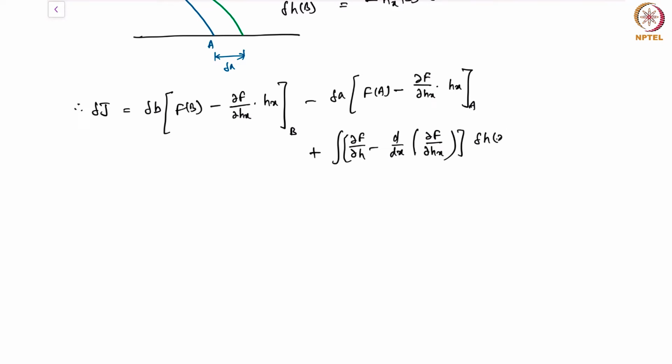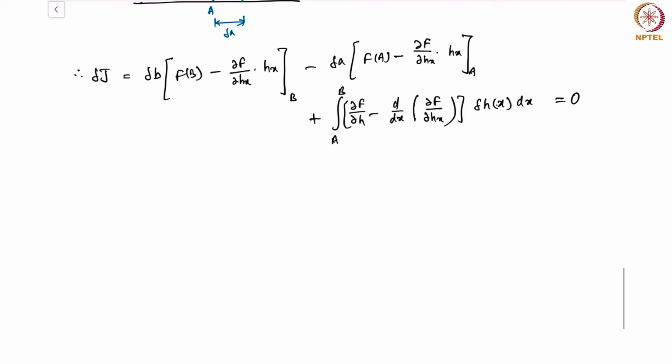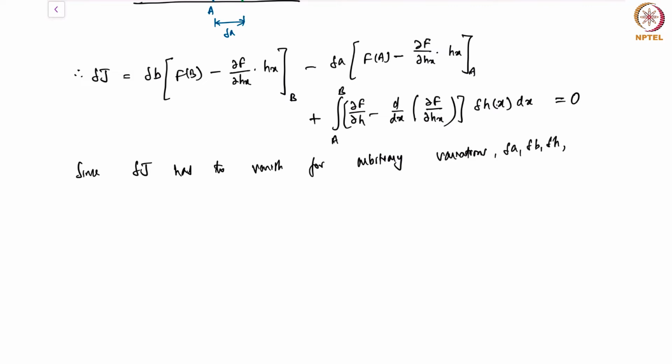This delta H, remember, is a function of x. This whole variation will set it to 0, right? So that's what we have. Now, since delta J has to vanish for arbitrary variations, the delta A, delta B and delta H, since it has to vanish for arbitrary variations in these quantities, what do we now require?